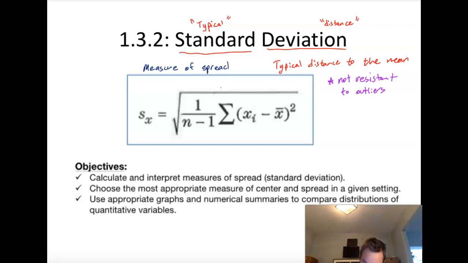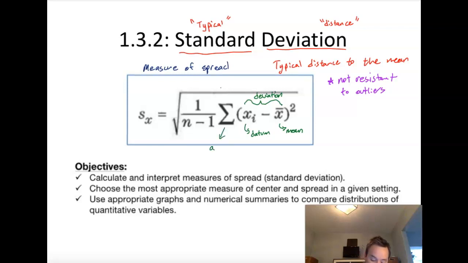xi represents just an individual datum. So you're taking each individual datum, and for each one of those, you are subtracting the mean. That process is called finding the deviation from the mean. So that's each piece of data's deviation from the mean. You're then squaring that.